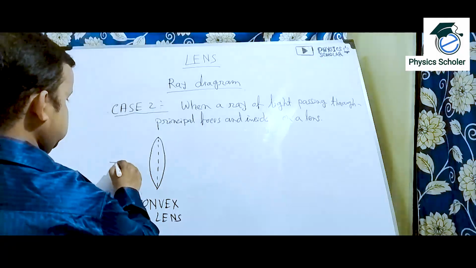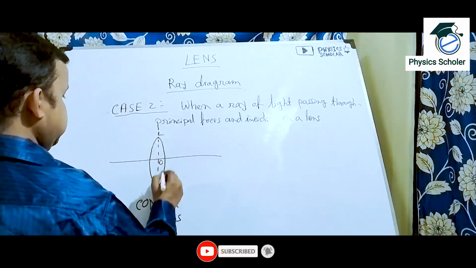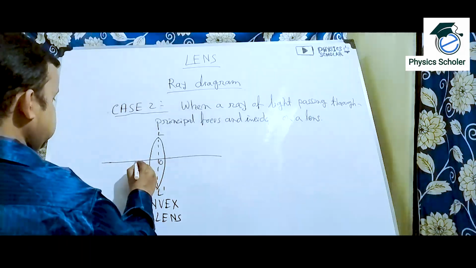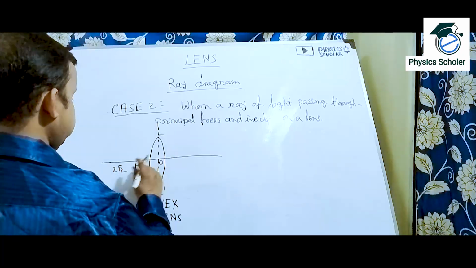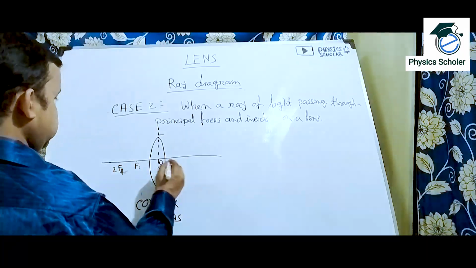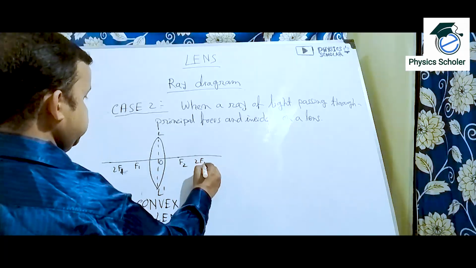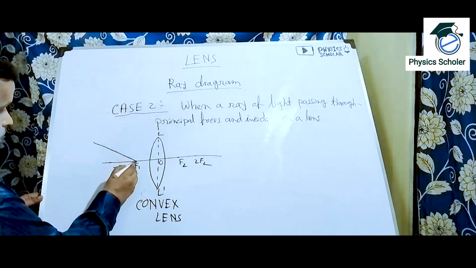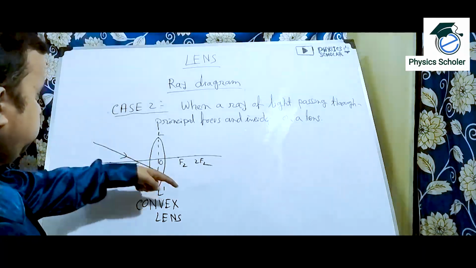This is the optical center of the lens, and this is the principal axis. This is the convex lens. Now this is F1, this is the double focal point 2F1, and this is F2, the double focal point 2F2. Now a ray of light passes through the focal point.